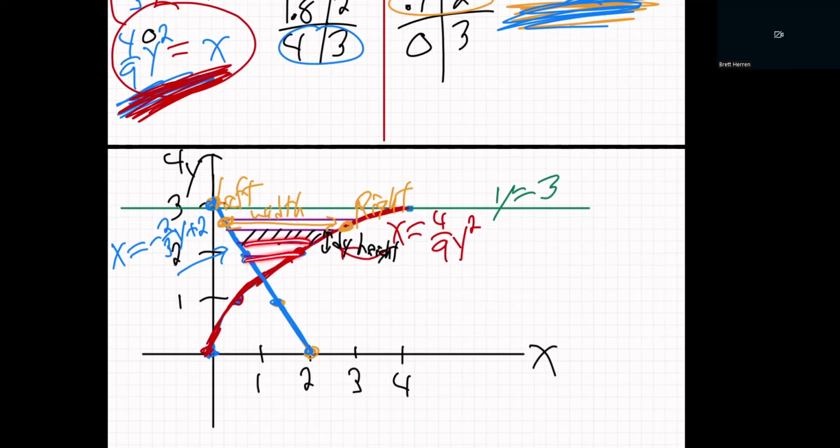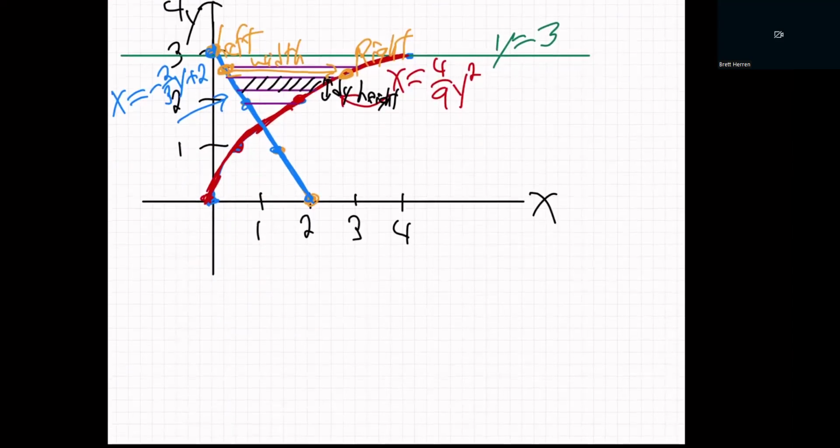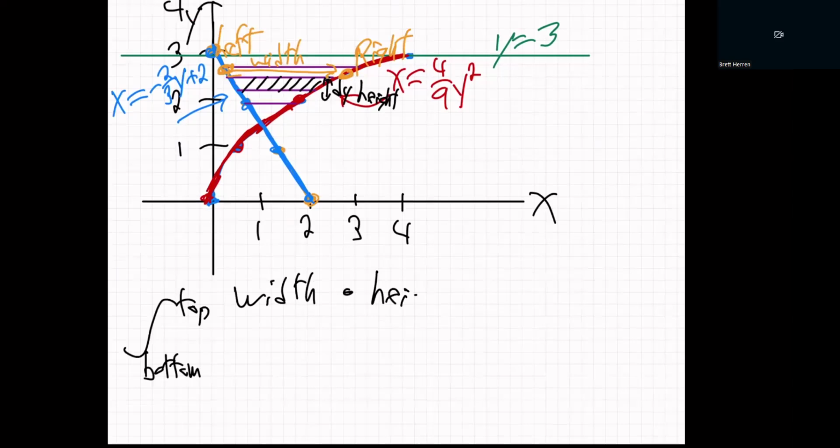We're stacking those rectangles vertically, dy. So therefore, our integral becomes the integral from the bottom to the top of the width times the height, right? Every rectangle is length times width, or height times width.